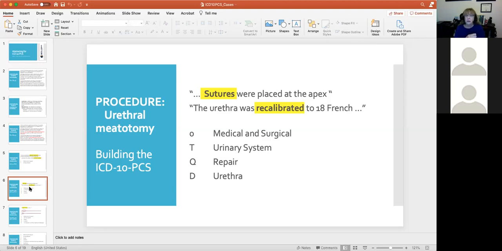And which particular part? Now, Lawanda, what's the organ involved for the urethral meatotomy? The kidney. Urethra, Lawanda. Urethra, not ureter. What organ?